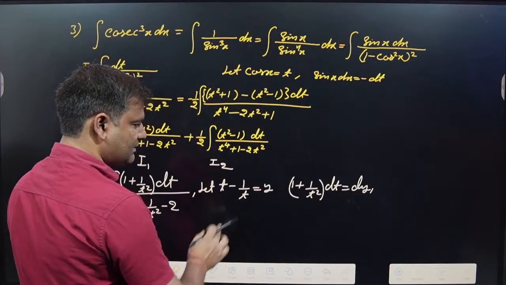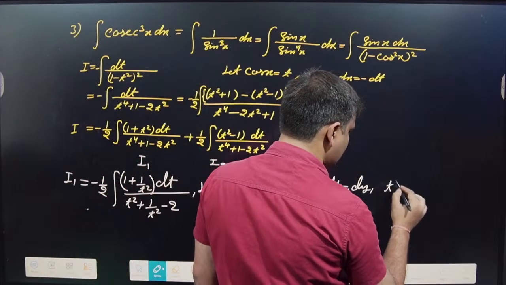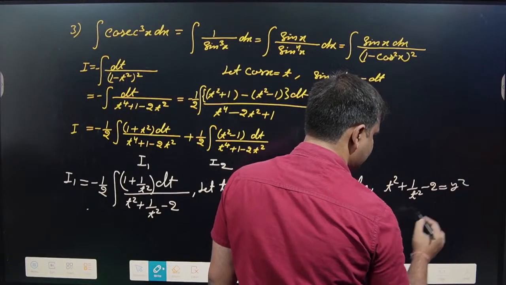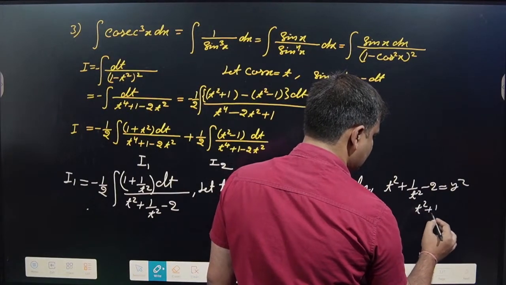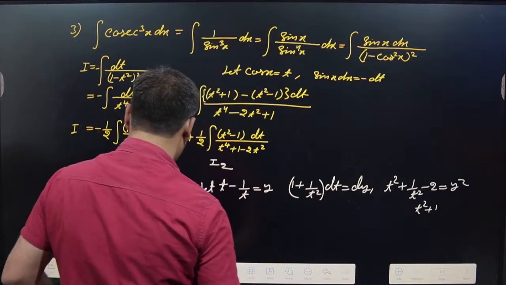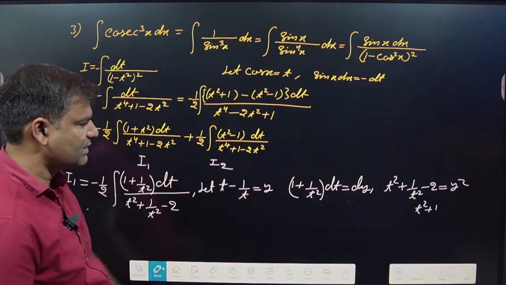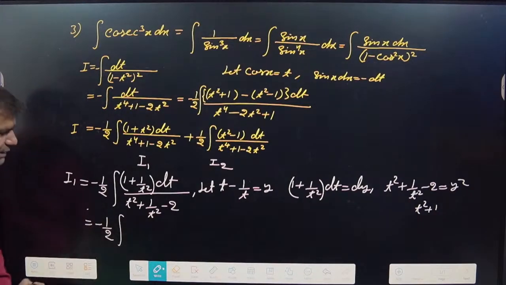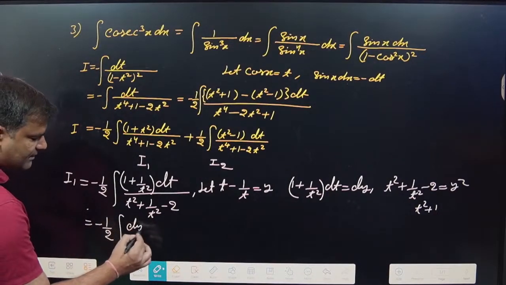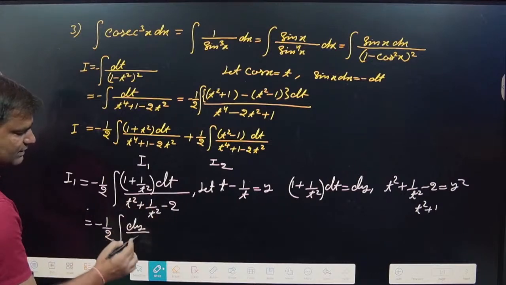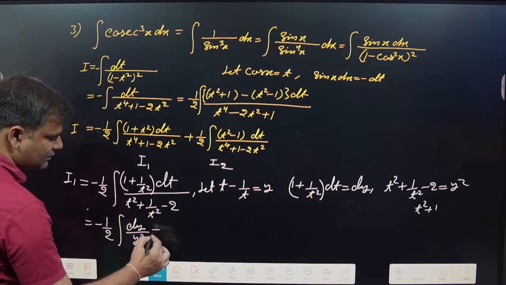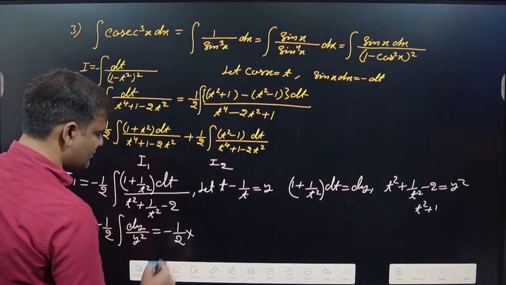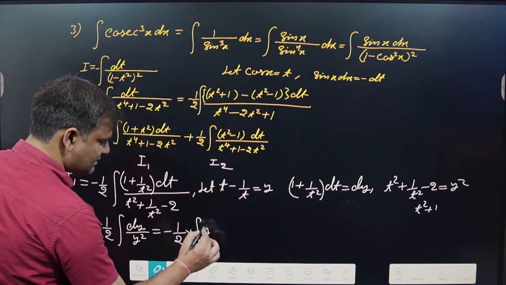Now squaring both sides, this one is written t square plus 1 by t square minus 2, which will equal y square. Simply, this part is basically t minus 1 by t to the whole square. So you can say that minus 1 by 2, dy divided by y square. So this is minus half into the integration of y square, basically y to the power minus 2 dy.